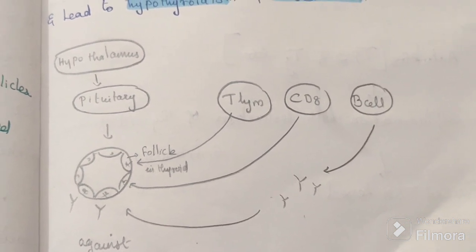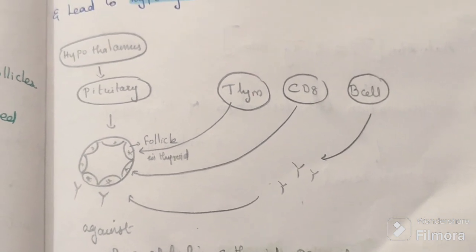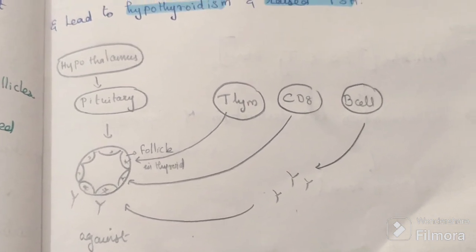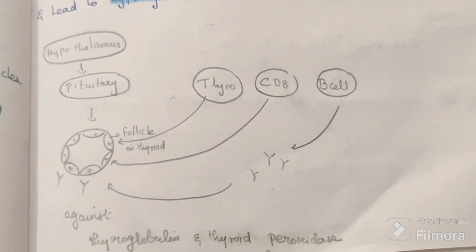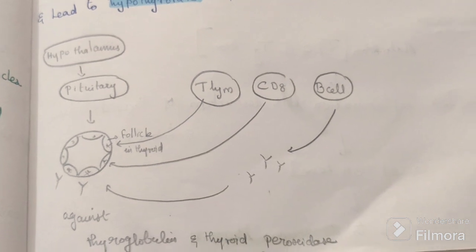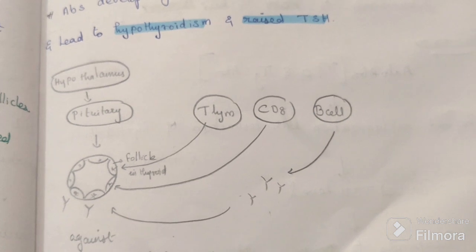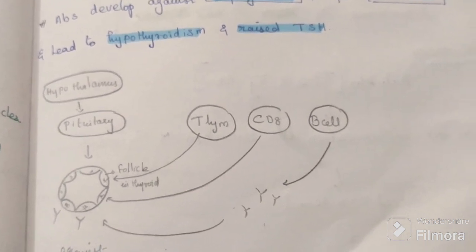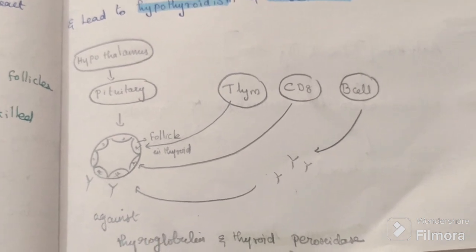In the blood, T3 and T4 levels are less, due to positive feedback TSH will be more. So the blood has abundant TSH and less T3 and T4. Hypothyroidism. This is the typical picture of hypothyroidism.